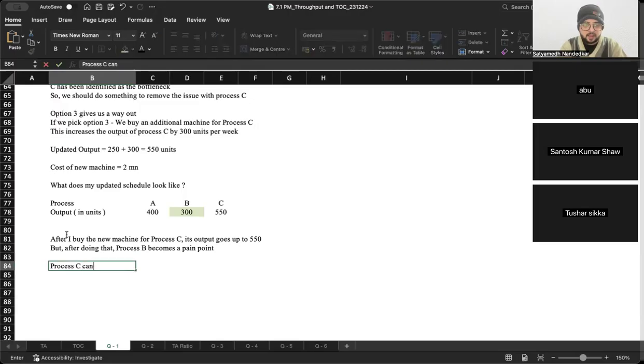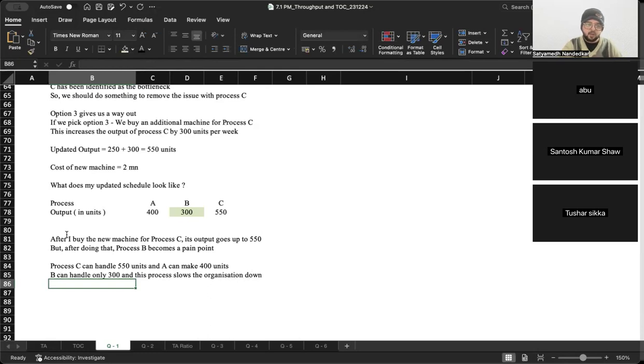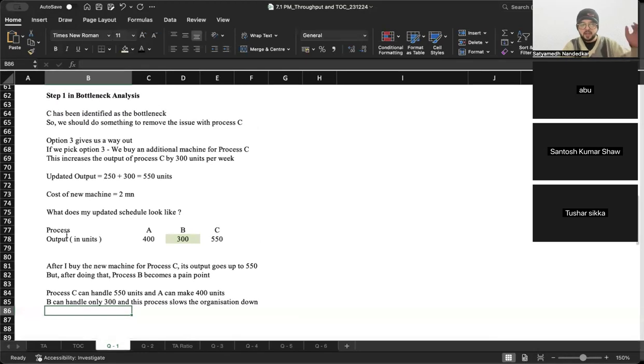Because process C can handle 550 units and A can make 400 units. B can handle only 300, and this process slows the organization down. B can handle only 300 units and this process slows down the entire organization.